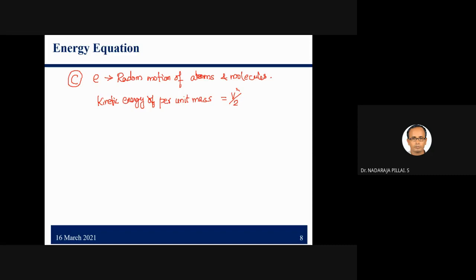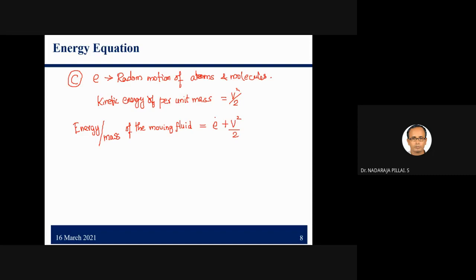So the energy per unit mass of the moving fluid is the summation of internal energy plus the kinetic energy.